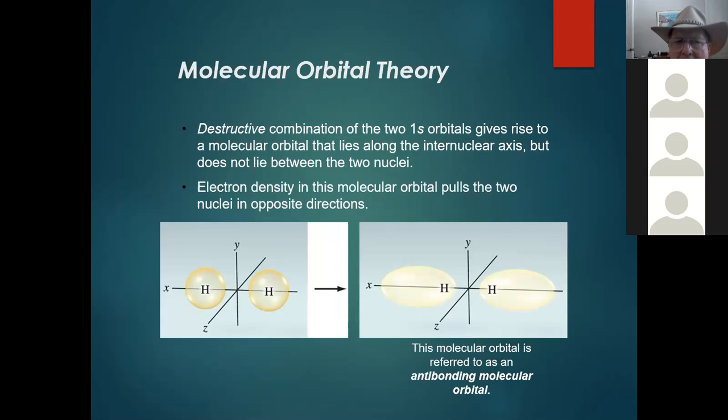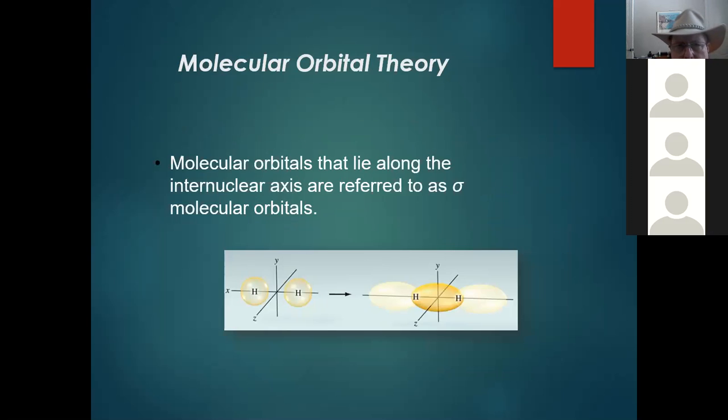So when we have the destructive bond, the electrons are over here, and there's an actual separation between the two hydrogen atoms. The constructive ones make the bonds, the destructive ones destroy the bonds. So again, we're dealing with the internuclear axis.